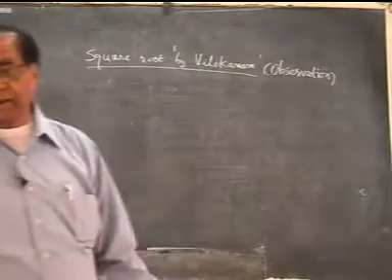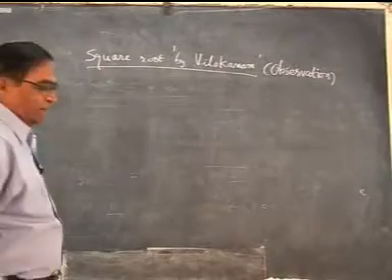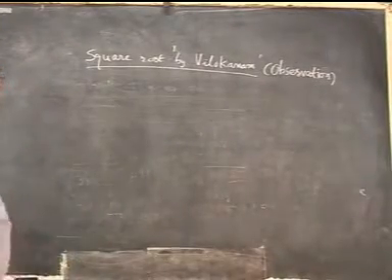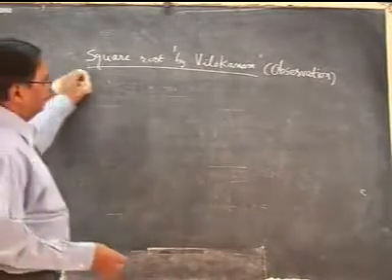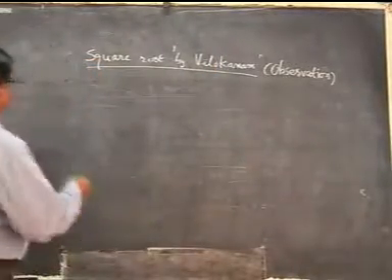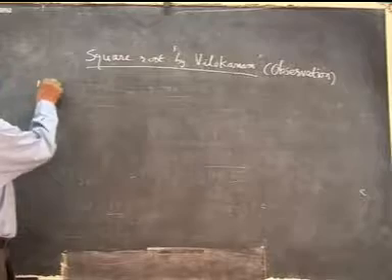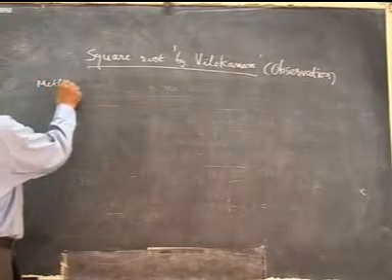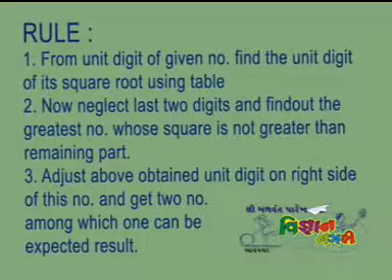Now we take the general case. Let us see now. Square root of Velokanam of any number, we say. Method. One.